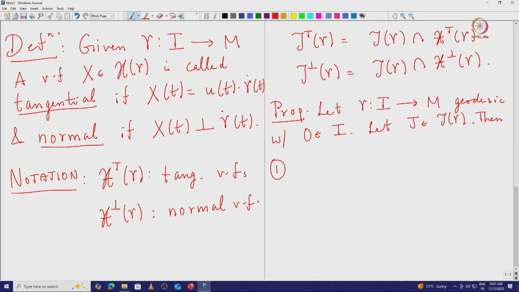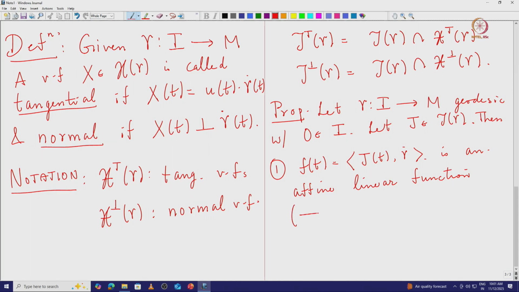The first result is a very basic calculation which will be useful for the rest of the course: if you take the inner product of the Jacobi vector field with the velocity vector field, then this is an affine linear function, or equivalently, if you take two derivatives of f, that is 0.